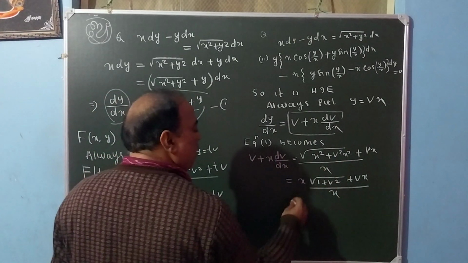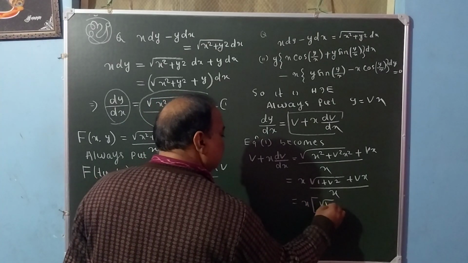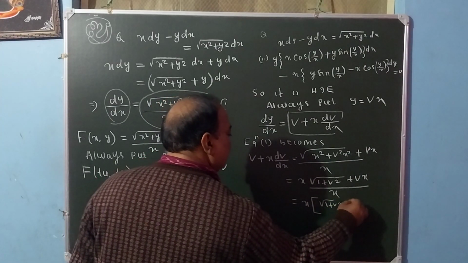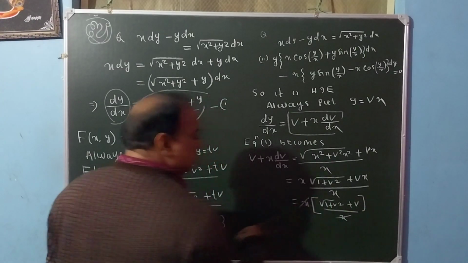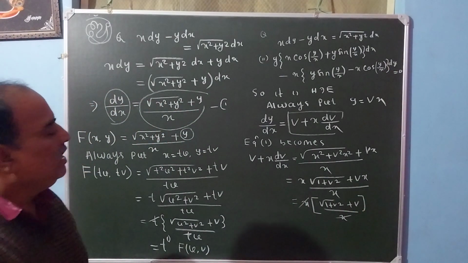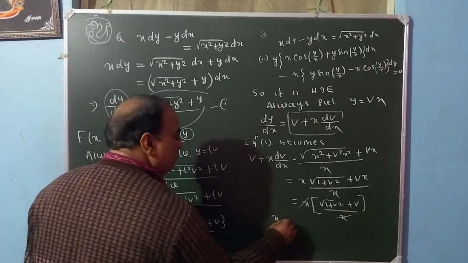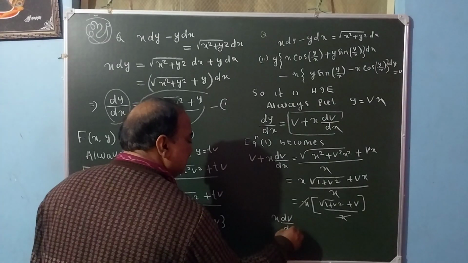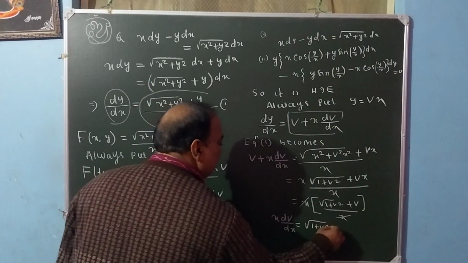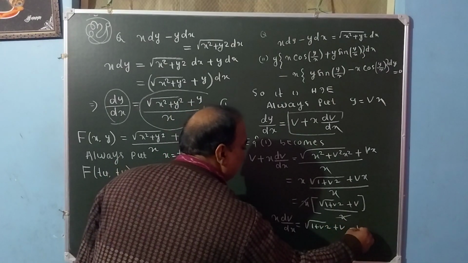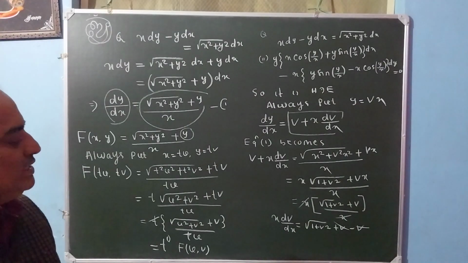Taking x common from the whole, we get x times root over of 1 plus v square plus v, divided by x. So this x cancelled with this x. Now this v will go to that side. So x dv by dx is equal to root over of 1 plus v square plus v minus v. Plus v minus v cancel.